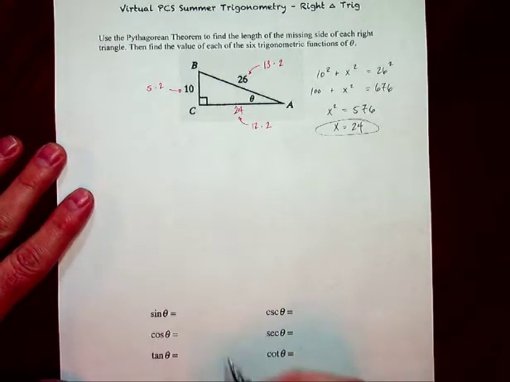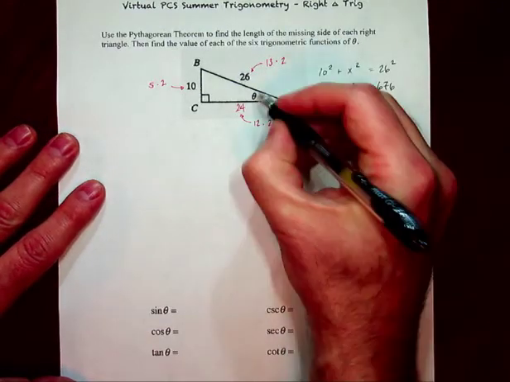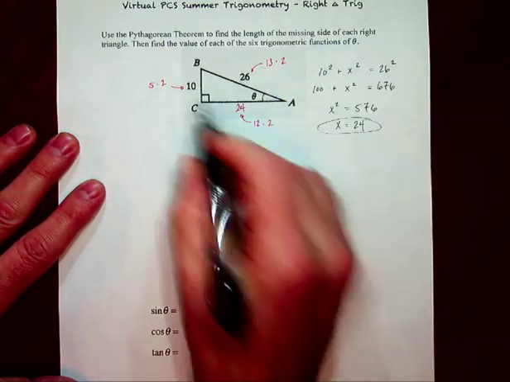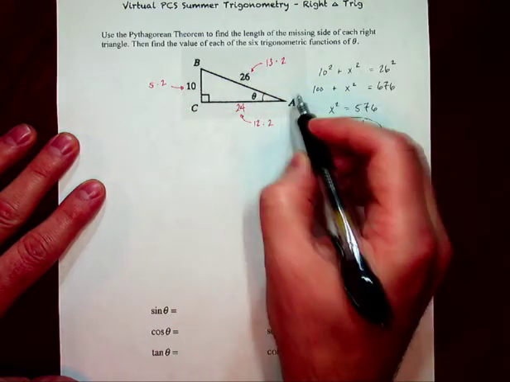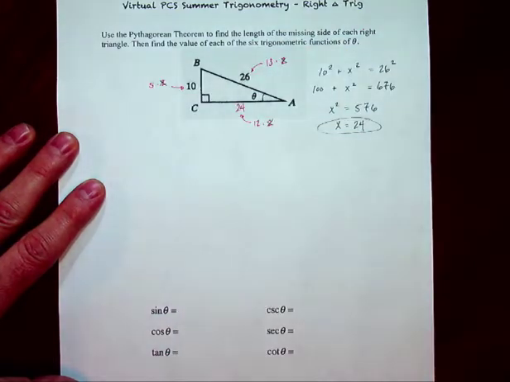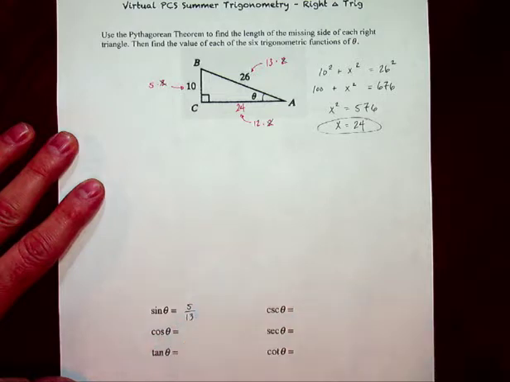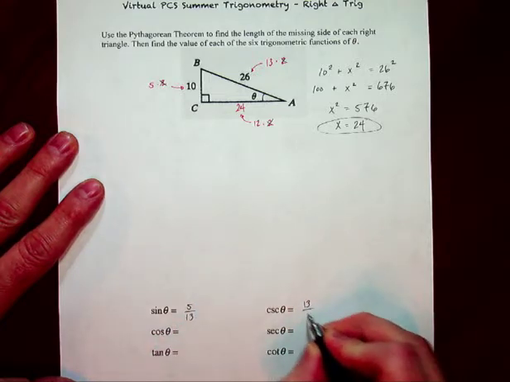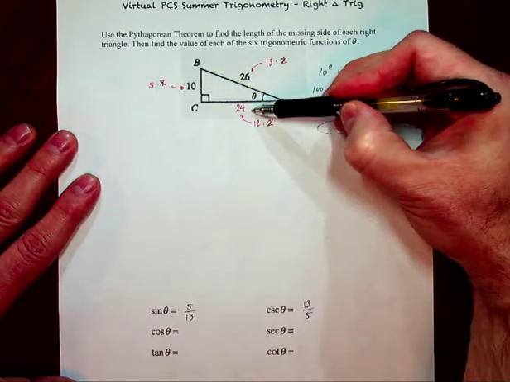Now I can fill out all of these, okay? If this is my theta, opposite over hypotenuse is 10 over 26, but of course, the 2's will cancel out in any of those ratios, and I'm going to get 5 over 13. And of course, its reciprocal is 13 over 5. Cosine is going to be adjacent over hypotenuse.